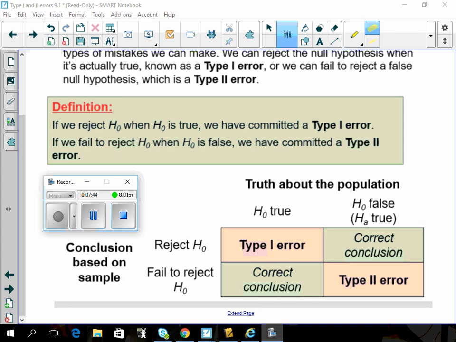This kid claims he's an 80% free throw shooter. It's either true or it's false. That's the truth about the population.